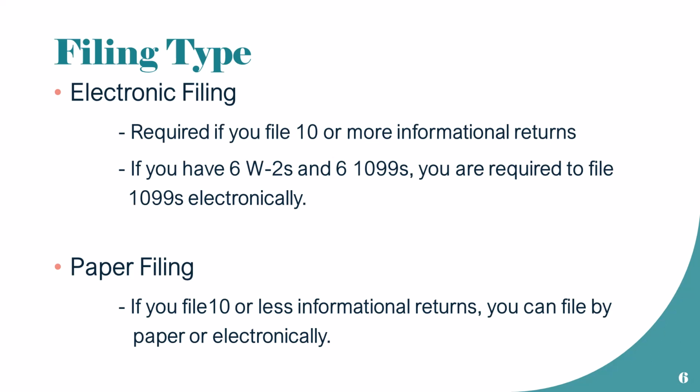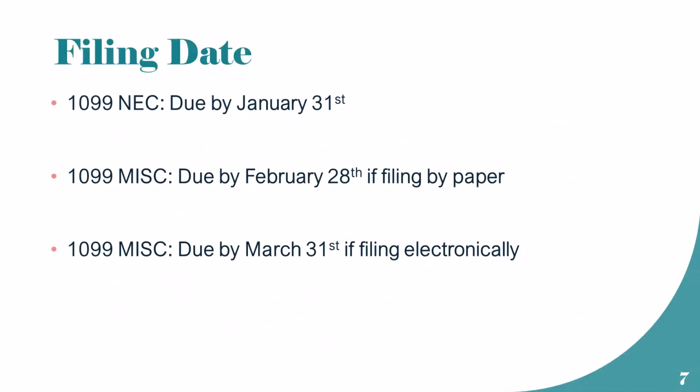So when are 1099s due? The 1099 NEC is due by January 31st. The 1099 miscellaneous, if filing by paper, is due February 28th, and if filing electronically, the 1099 miscellaneous is due March 31st.